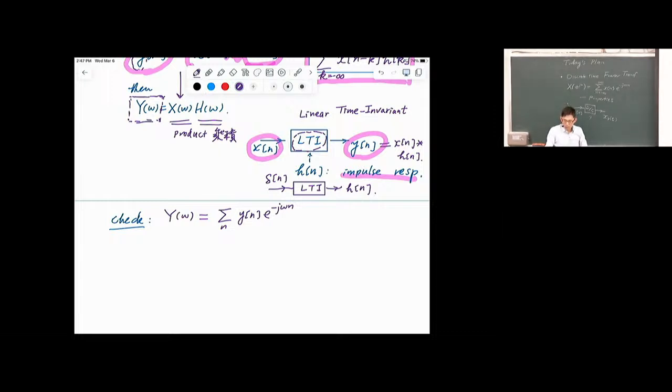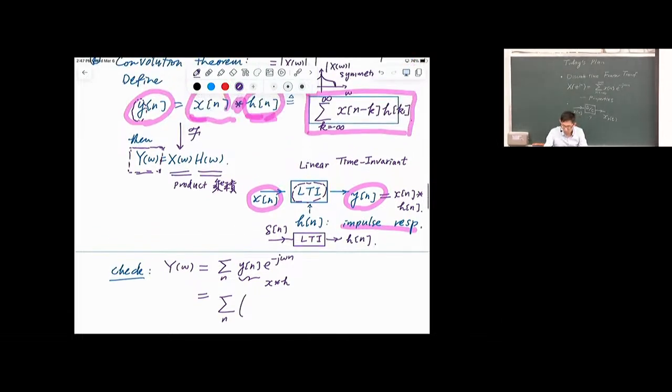But now, what is y of n? y is the convolution of x with h, so we need to plug in the definition of convolution, which is right here.